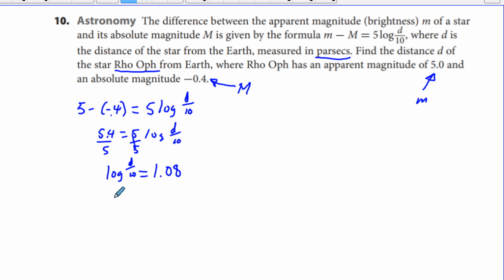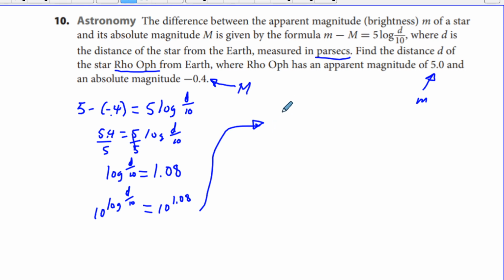So now what we can do is we can take the power of both sides, and so we can rewrite this as 10 to the power of log d over 10 equals 10 to the power of 1.08. And so 10 to the power of log base 10 will cancel each other out. So what we have, I'm going to just work over here to the right.